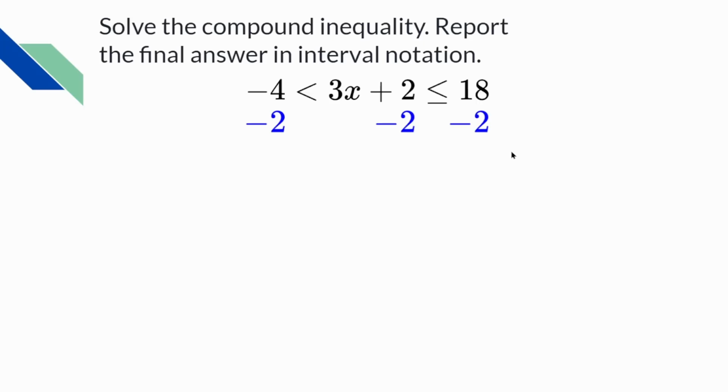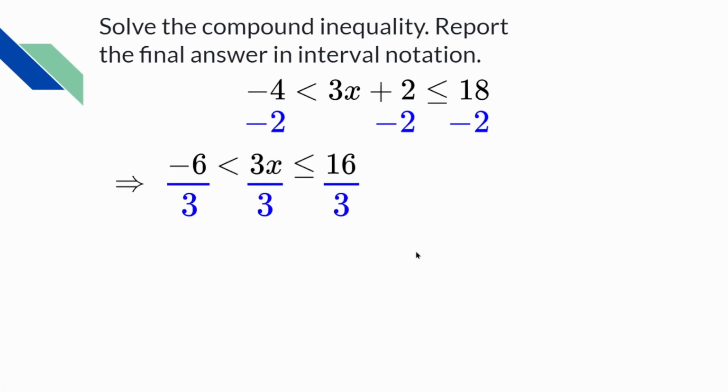That gives us negative 6 is less than 3x, which is less than or equal to 16. Next we need to divide throughout by 3. The 3's are going to cancel in the middle, and that leaves us with negative 2 is less than x is less than or equal to 16/3.